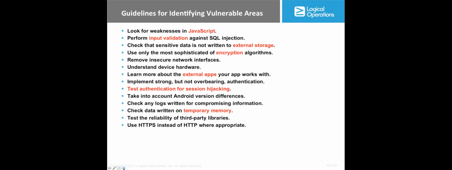And then we get into what I call the outliers, like checking whether I'm storing sensitive data on external storage. Am I using good encryption? What external apps am I required to use, or am I using, to add or enhance functionality to mine? And then, am I testing it? Do I know that my app is only going to accept authentication or authorization from known entities to prevent session hijacking?